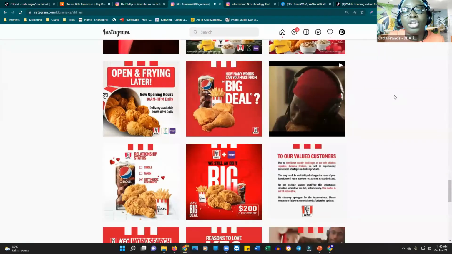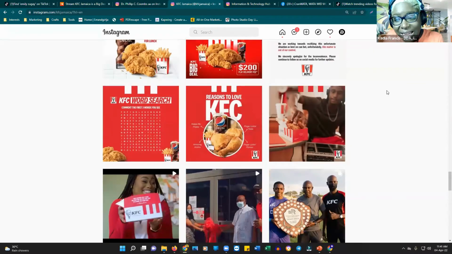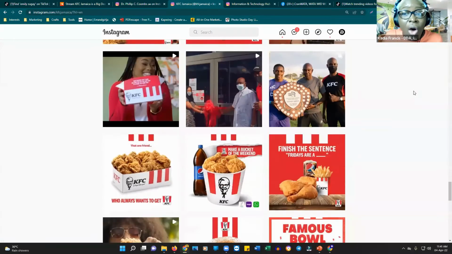KFC understands that Jamaicans are very musically inclined. We are a very creative, musical, artistic people. And so they use a lot of that in their marketing and promotion. You're always going to see somebody with a headphone on or something. They support sports teams. They know the things that are culturally important to us, sports and arts.